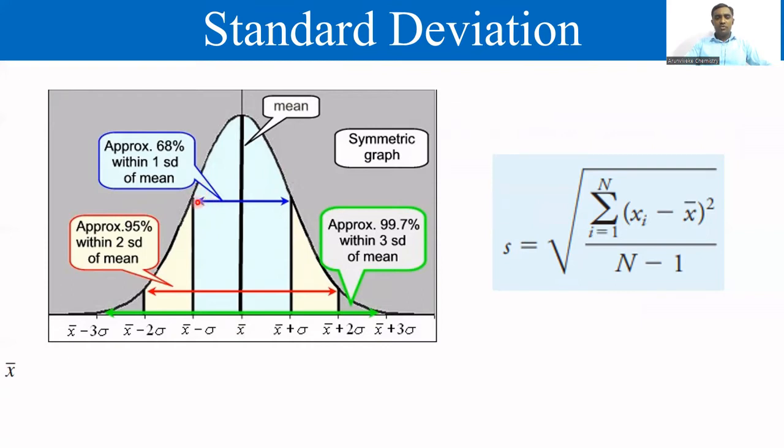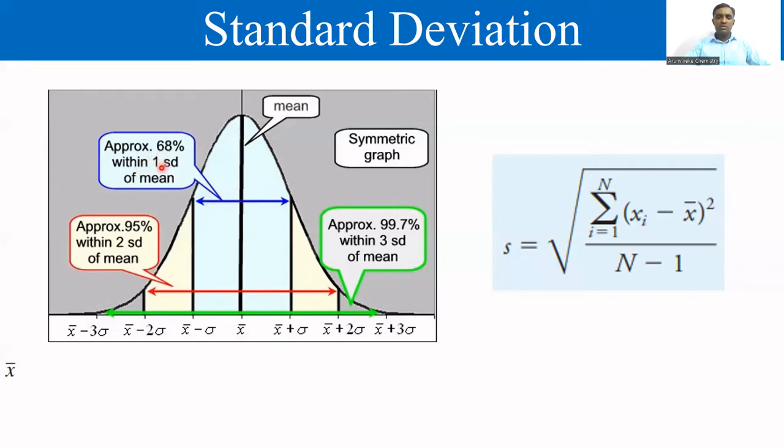For example, the data represented by the blue line, present in this area, represents 68% of the whole amount of data, and it is moving away from the mean by a standard deviation of 1.